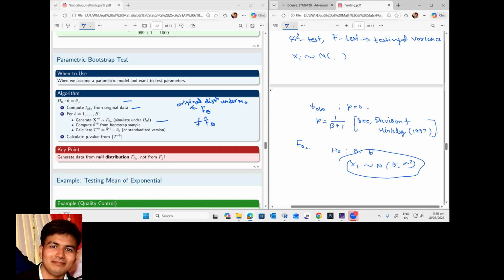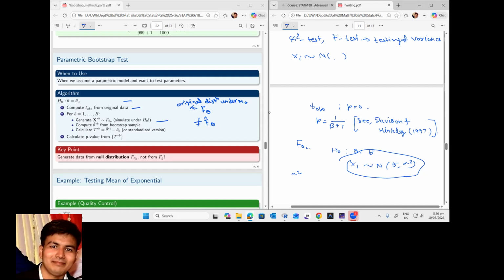After that, in the third step, we need to compute the theta cap star again and again. Like here, sigma square is unknown, and at that time we need to generate with sigma square. We can first estimate the sigma square from the original data. If sigma square is unknown, we can often use a consistent estimate of sigma square.